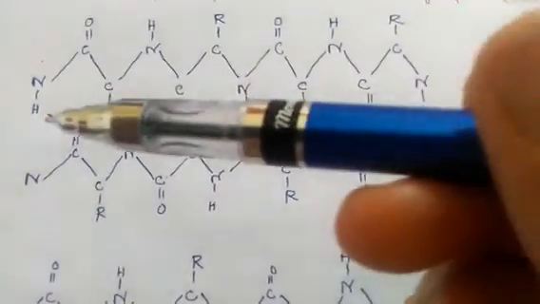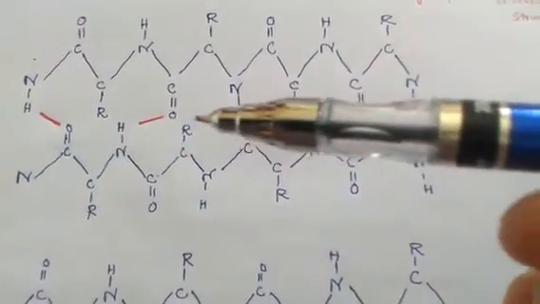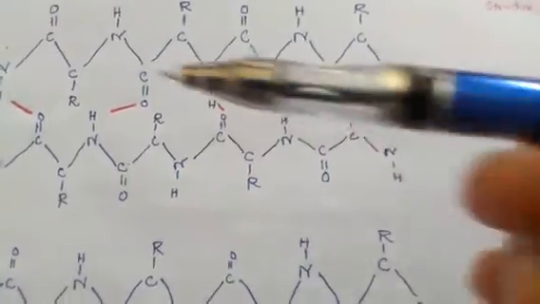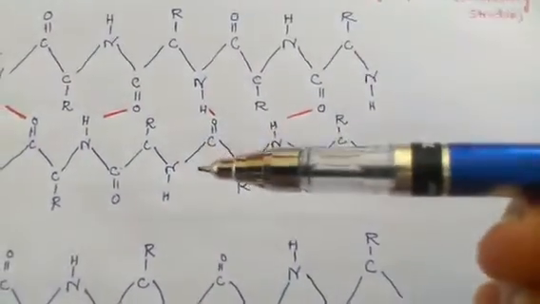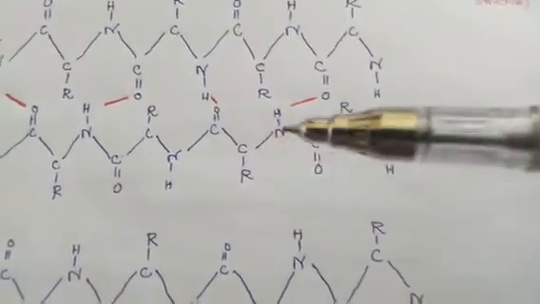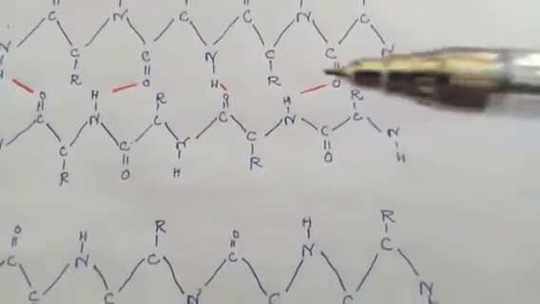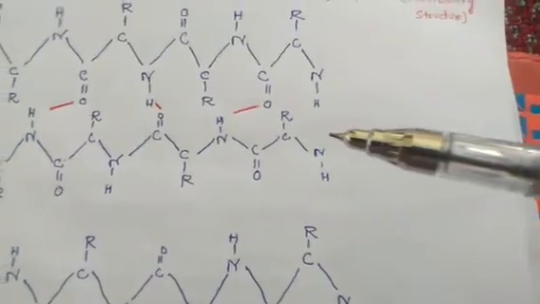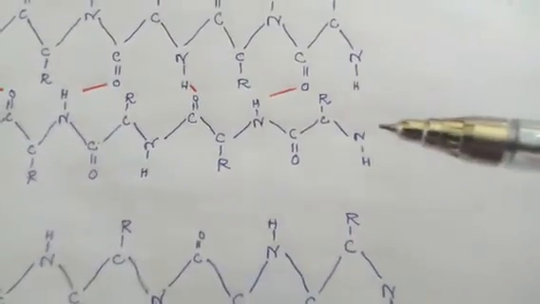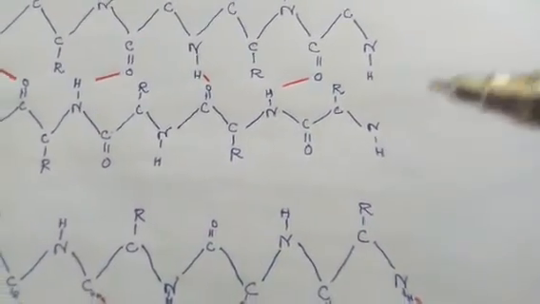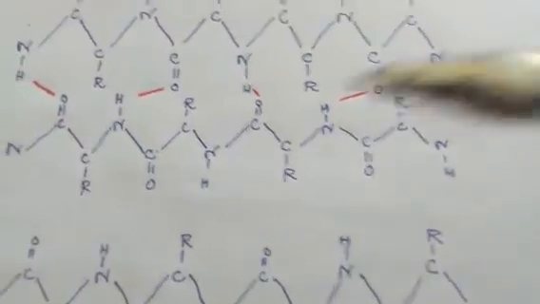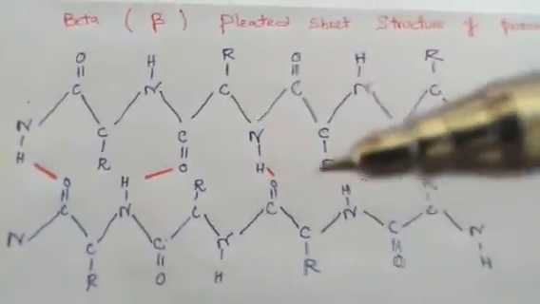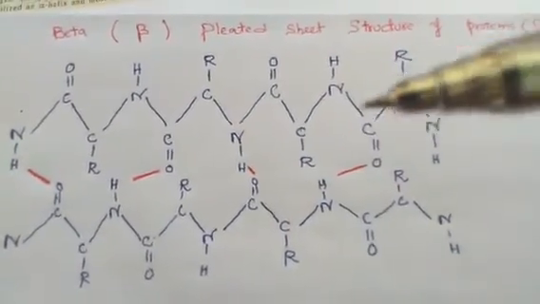These are hydrogen bonds, long and at angles, showing non-planarity in the inter-strand hydrogen bonding pattern. So in parallel arrangement, the C terminus and the N terminus are on the same side for both strands, and this is a less stable arrangement.